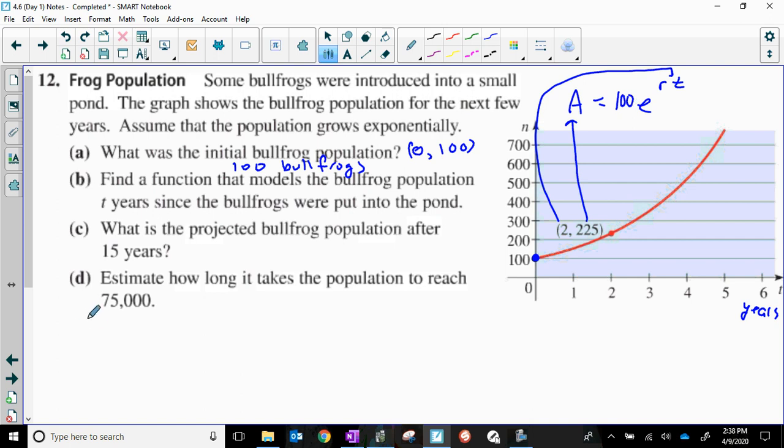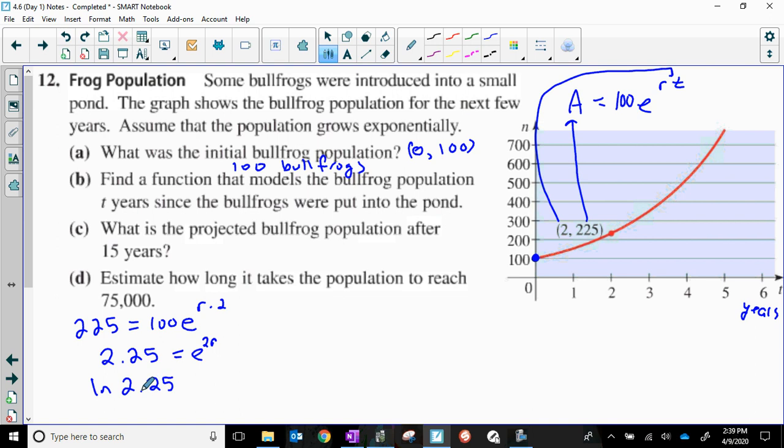So we're going to go the 225 bullfrogs starting from 100, and we're raising the e to the r times 2. So in 2 years, we're getting what? 2.25 times bigger. So there's the ratio. If I divide by 100, I get 2.25. Then to get rid of the exponential, I convert this to a logarithm.